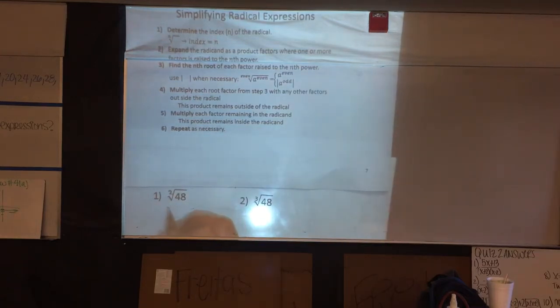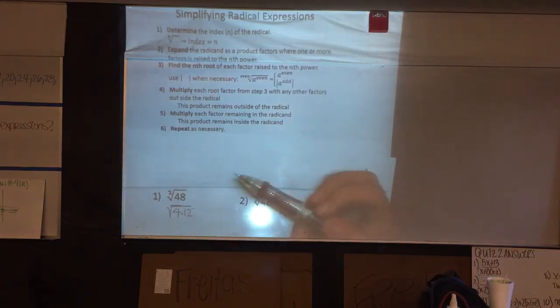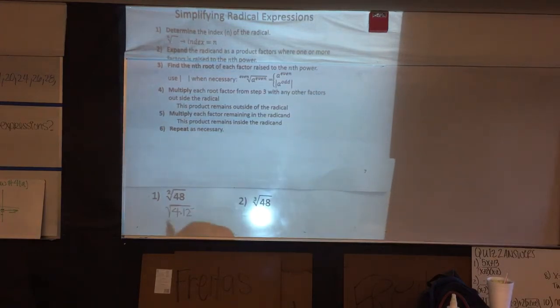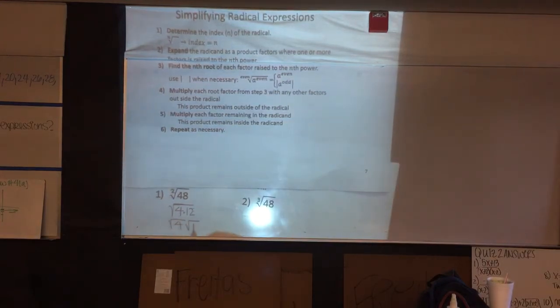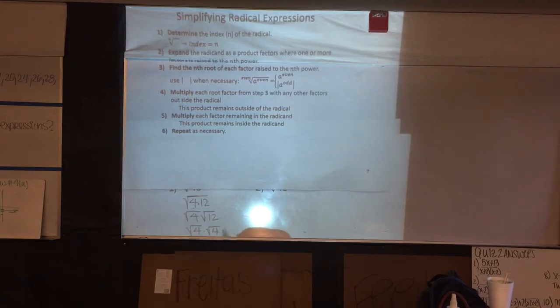So I know that 4 times 12 would be 48, and I could square root 4, but I could also break down this 12. Okay, so I'm going to split this up, 4 and 12, but I could break up the 12 as well. 12 is 3 times 4, so I'm going to have square root of 4 times square root of 3.